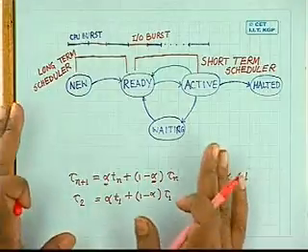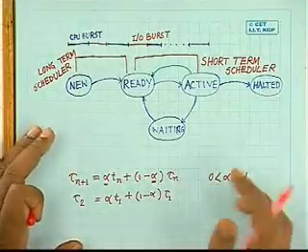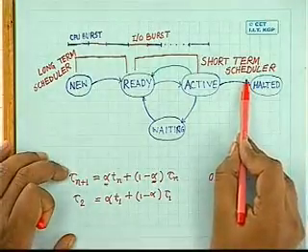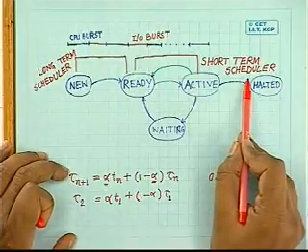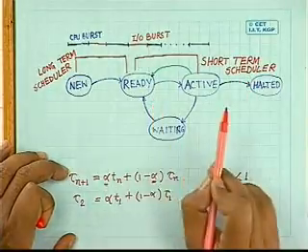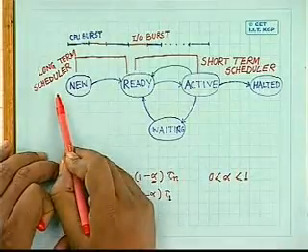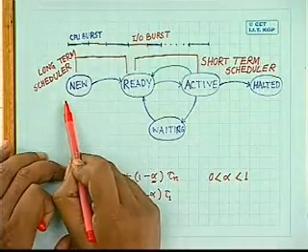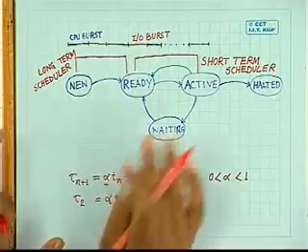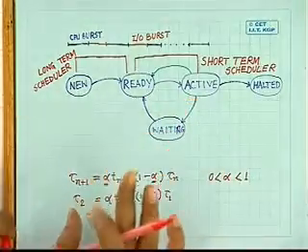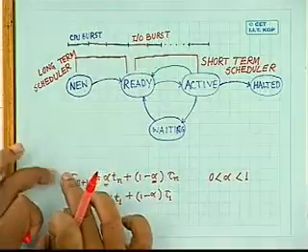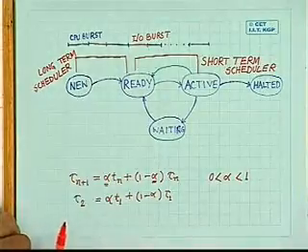So in a system, I can have two kinds of schedulers. One is a short-term scheduler, which decides which job has to be given to the CPU for execution, and I have a long-term scheduler which decides what are the jobs which should reside in the main memory. That means what are the jobs which should be there in the ready queue.